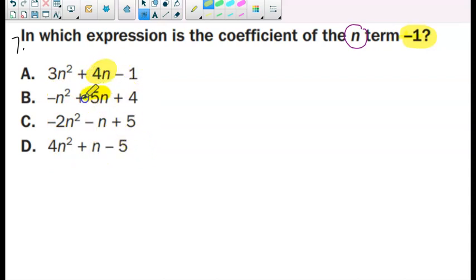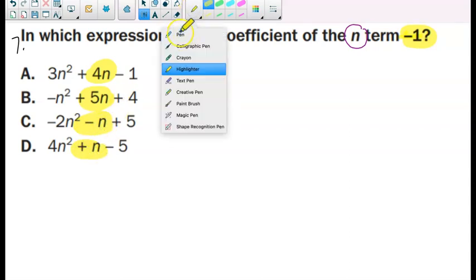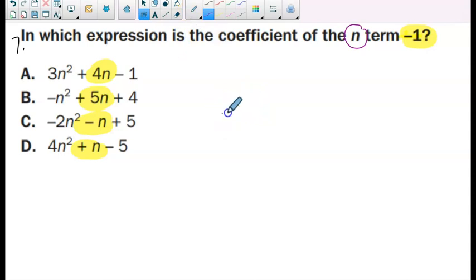Here I have 4n, that is 4 times n. This is 5 times n. Here I have a -n, and this is +n. So those two, -n and +n, they are telling me that this -n is in fact -1 times n, and just +n is 1 times n.